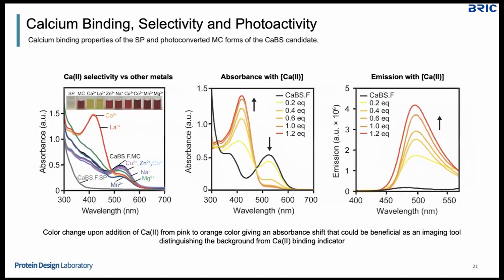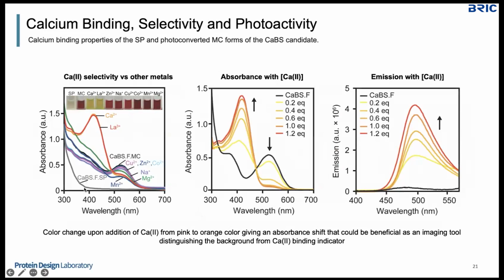So we need to test the calcium selectivity and binding activity in the absorbance and fluorescence. Since it is a metal, we want to apply this work within the body or biological systems that contain a lot of metals. We need to test its selectivity to calcium compared to the other ones.